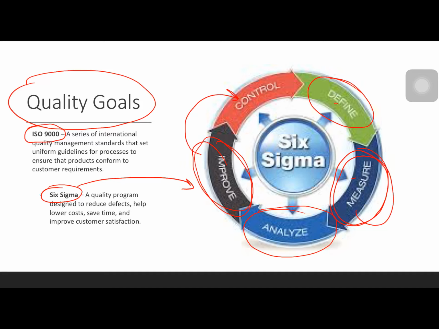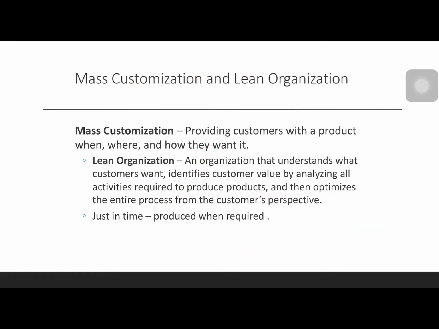So Six Sigma has these sectors: define, measure, analyze, improve, and control. If you use this model, you're trying to enhance the quality through this particular process, which is important to improve the customer orientations or to offer something best for the customer. So the product what you offer at finally is less defect because you have already improved through your process. Okay.